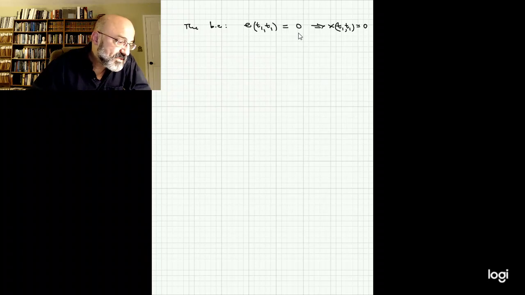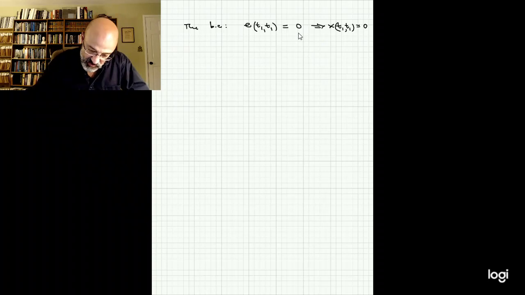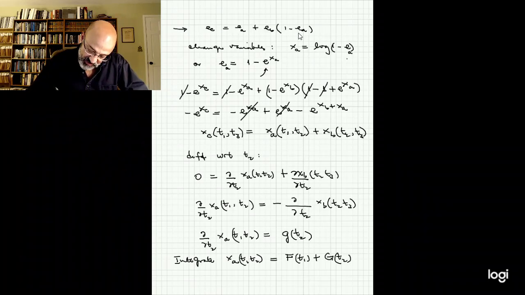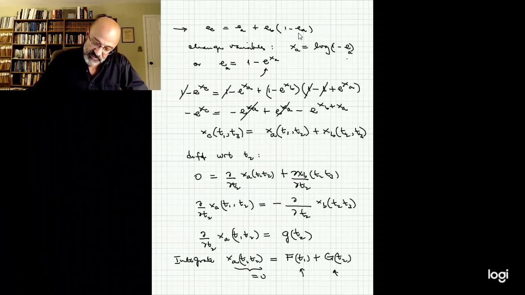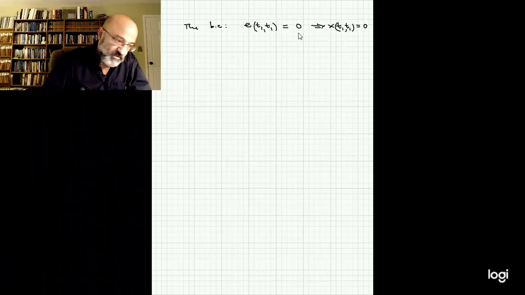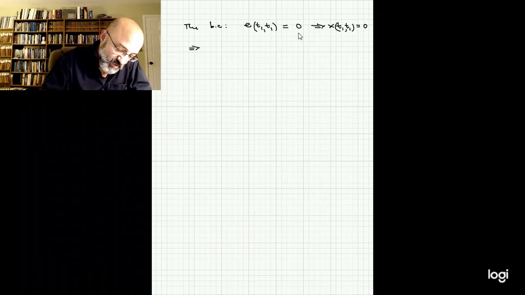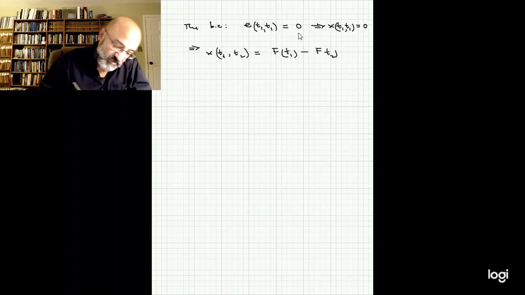So let me see, is that correct? Yes, it's 0. So I go back here, and if I put this equal to 0, that means that those two terms have to cancel each other out. So let me do that. So this boundary condition implies that x t1 t2 has to be given by a function of t1 minus the same function of t2.